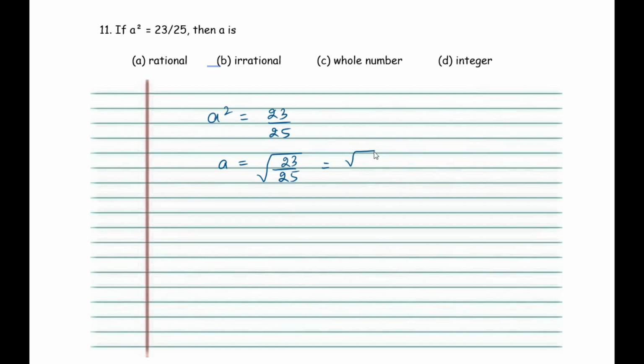Now square root of 23 will be written as it is since it cannot be simplified. Now square root of 25 is 5. Now square root of 23 is an irrational number and 5 is a rational number. Therefore, if we divide an irrational number by a rational number, the whole number will be irrational. Therefore, the correct answer is option B, irrational.